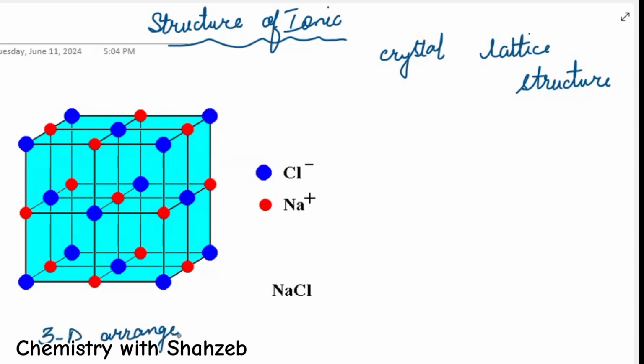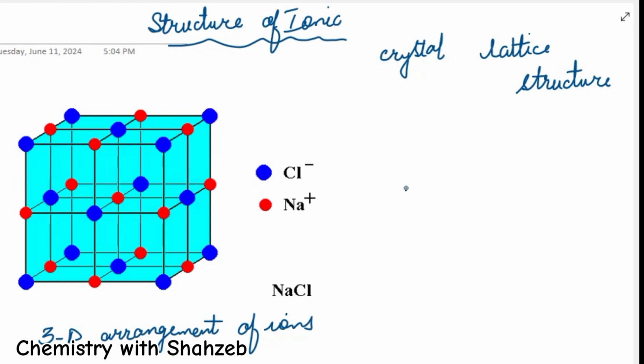You can see here it is having three-dimensional arrangement of ions. If you can see here, each sodium is surrounded by chlorine atoms: one, two, three, and four.